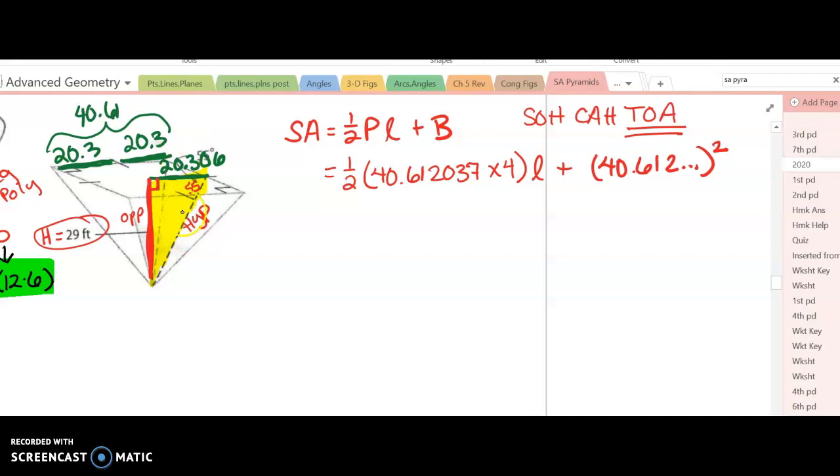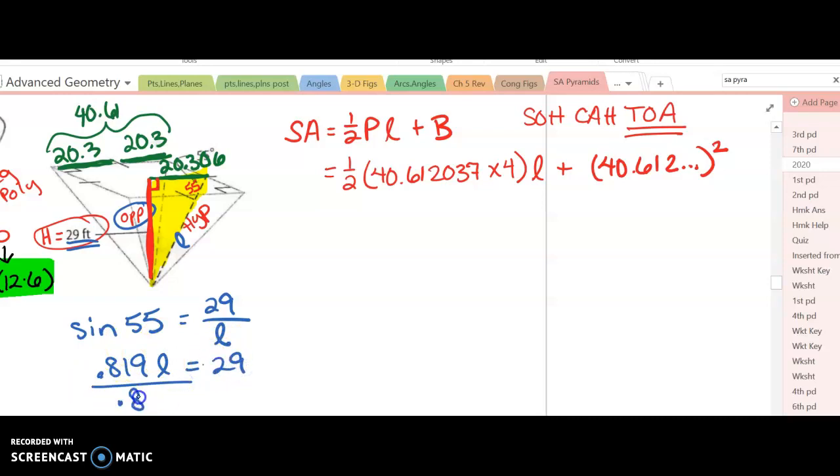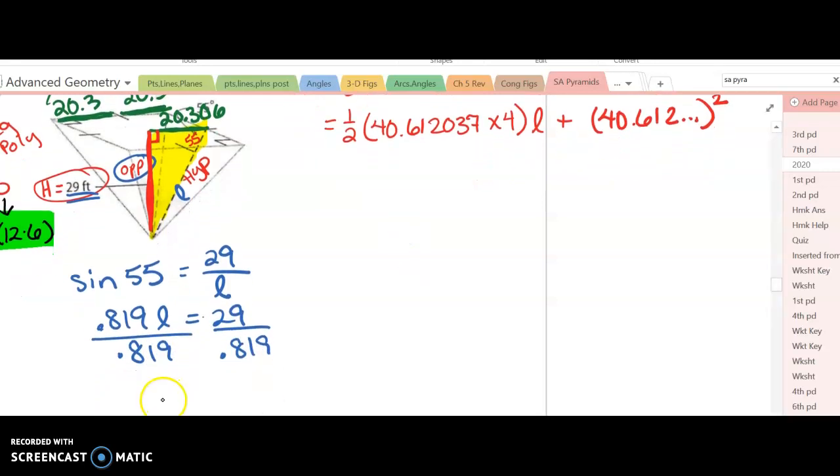Since my slant height L is my hypotenuse, I'm going to use my opposite, which is still 29, and my hypotenuse L, so that would be sine 55 equals opposite, which is 29, over hypotenuse, which is L. So 0.819 L equals, when I cross multiply, 29, divide both sides by 0.819. Again, I'm using all the decimal places. I'm just too lazy to write them all down. And so 29 divided by that number comes out to be 35.402.